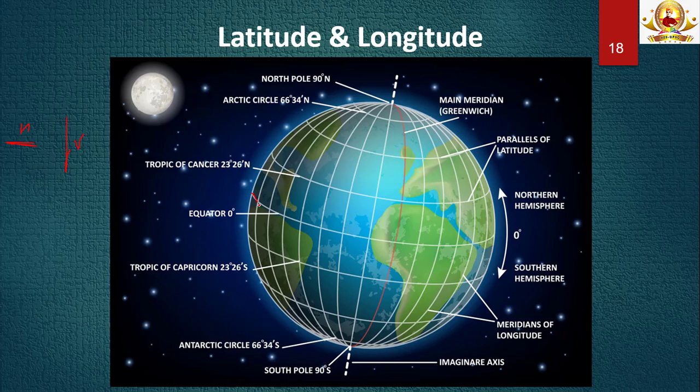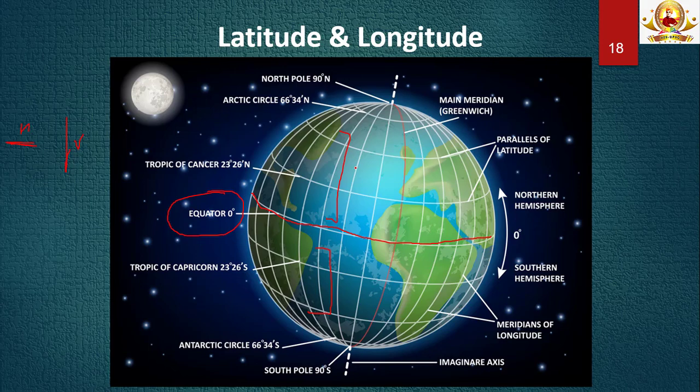This line is at the center, so it is dividing Earth into this part and this part. Okay, can you see? So this is called the equator or 0 degree. Why we call it 0 degree, we will study later. So the line which divides Earth into two equal parts, and it is a horizontal line, is called your equator.